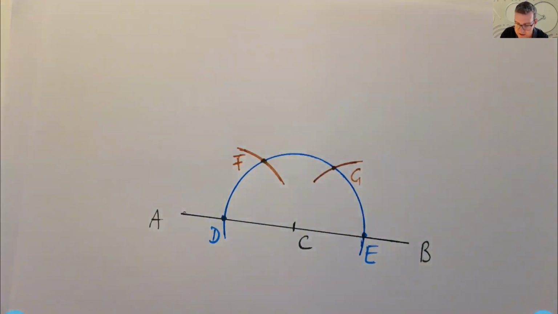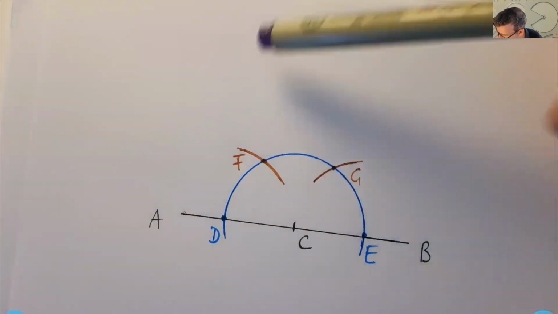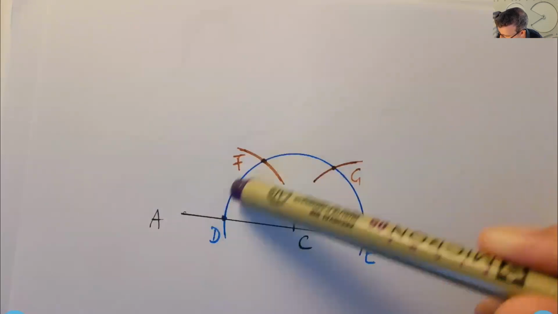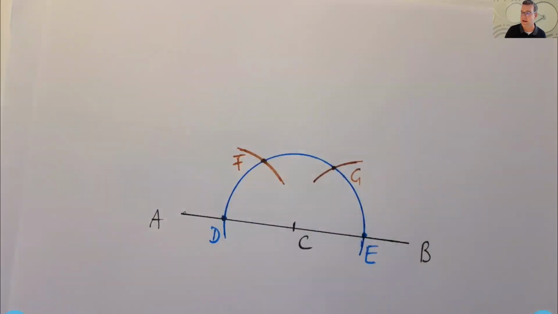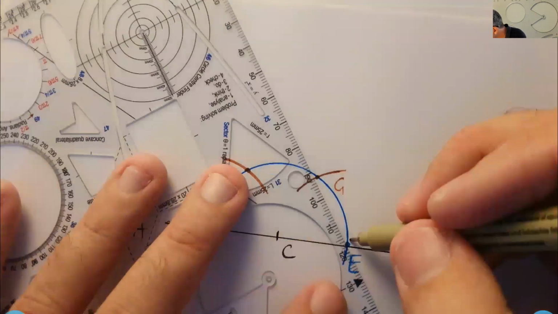Great. So now let's choose purple. What I can do is from this point to this point, draw a ray, and from this point to this point, also draw a ray. And where those two rays intersect, that'll be the apex of my equilateral triangle. So let's do that.